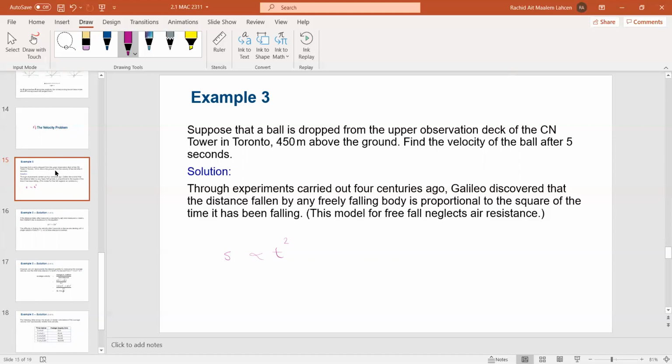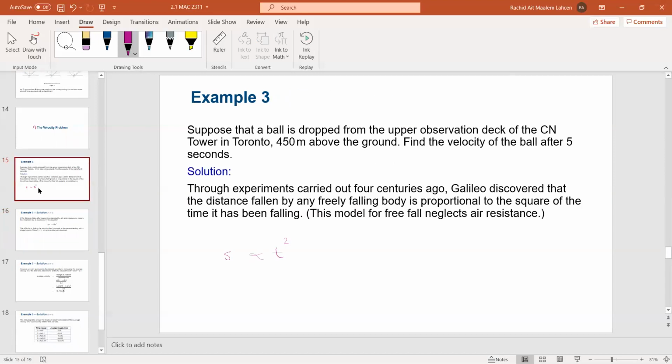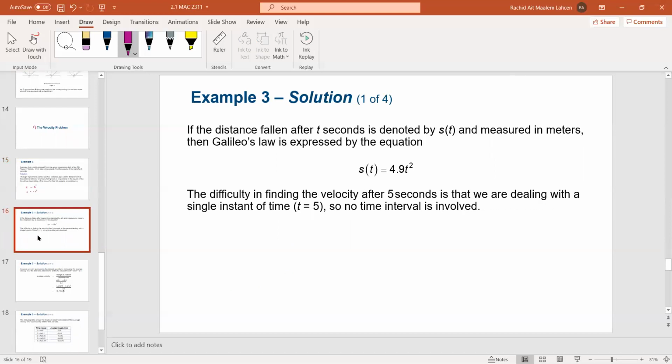So this is like a direct variation, but with the square of the time. With the experiment, it was found that the constant is 4.9, so s equals 4.9 t squared.